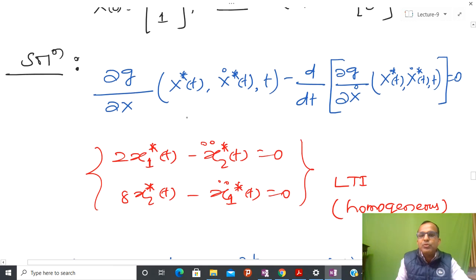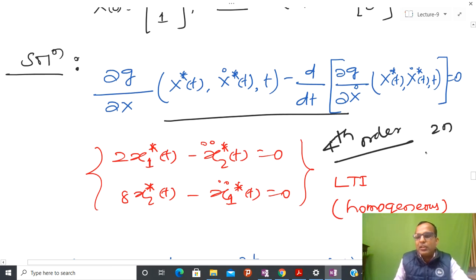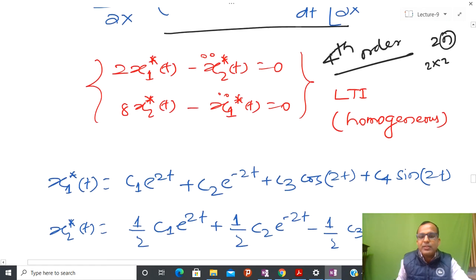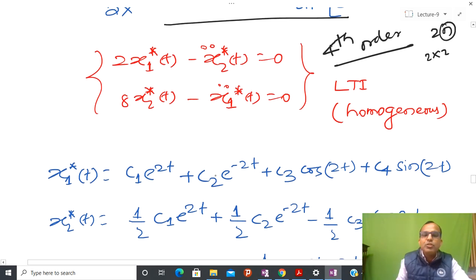First I have to solve this particular Euler equation, and you can see here that x2 dot, so 2 orders come from here and 2 orders from here, so this is 4th order. 2 multiplied by n, with states x1 and x2, is the reason a 4th order differential equation comes into the picture. We are lucky, so we have just an LTI, linear time invariant differential equation. Nowhere is a time varying term involved, and this is called homogeneous because the right hand side equals 0.